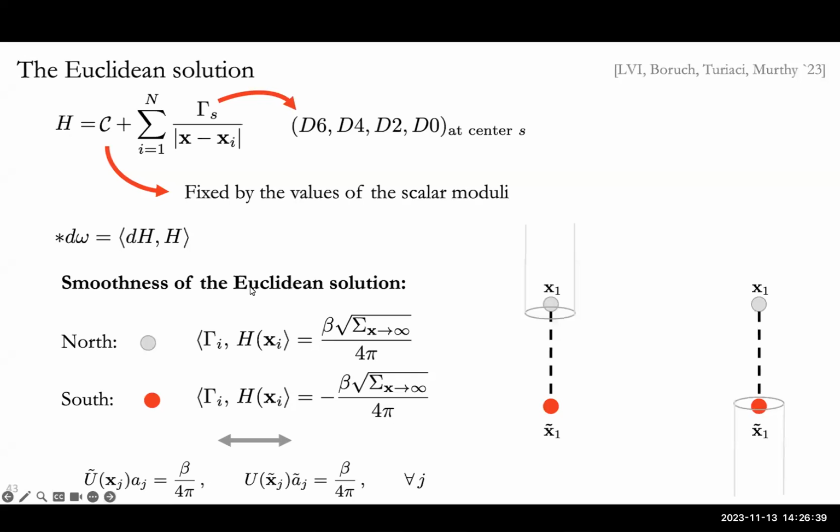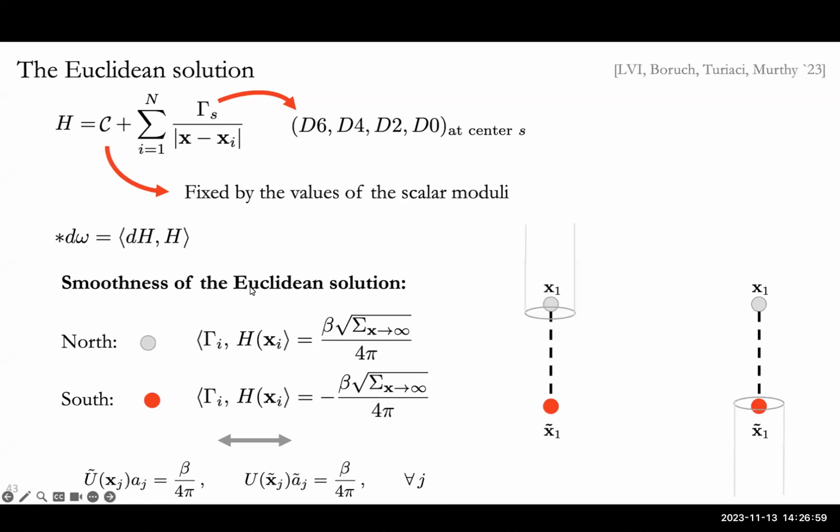Here, sigma of x going to infinity is the asymptotic value of this entropy function as you go far away from the black hole. And these conditions are completely analogous to the conditions that we found in Israel-Wilson.